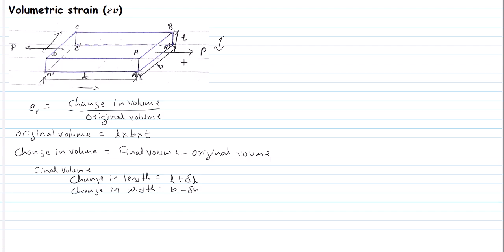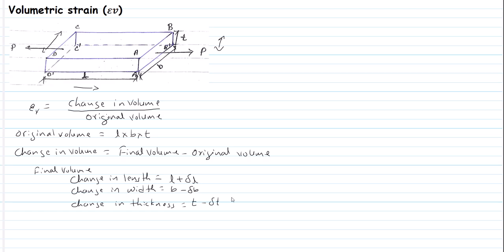In the axial direction, if I stretch it, the volume will get reduced in thickness as well as in width. That reduction is demonstrated in delta B, that is minus delta B. Next one is change in thickness. The change in thickness is again T minus delta T, right? In this way we can write it.